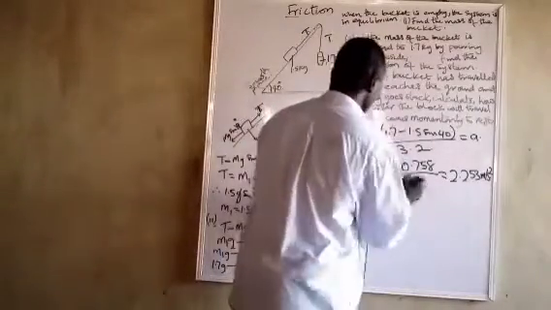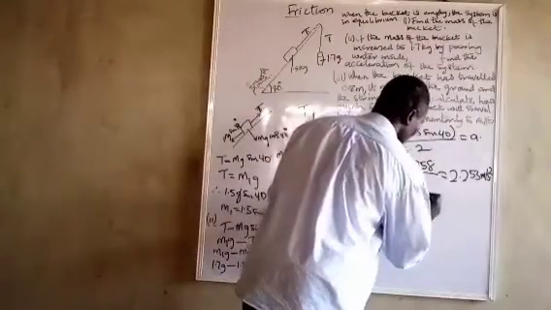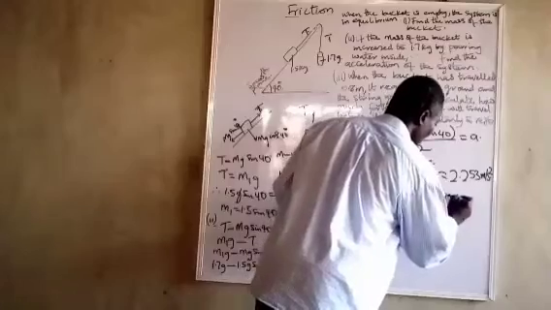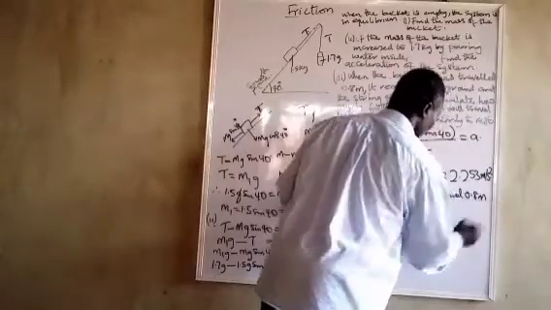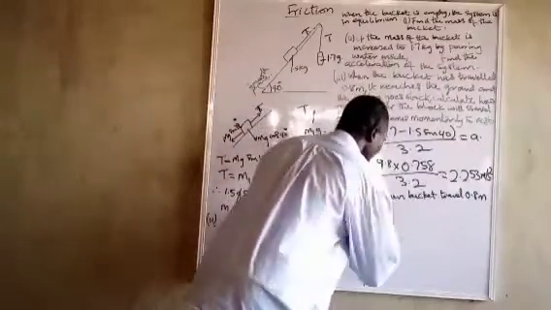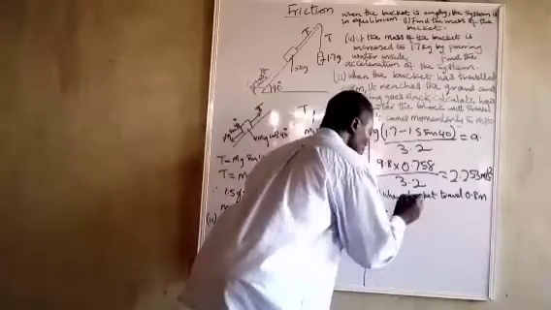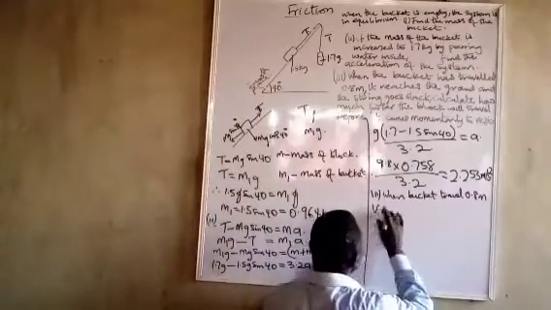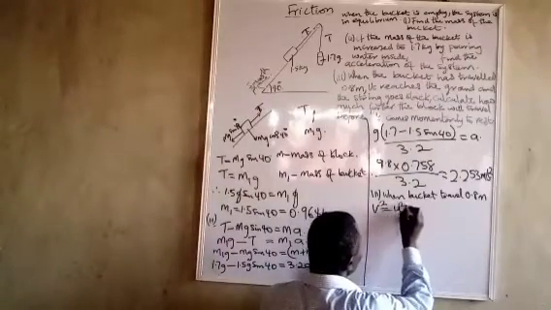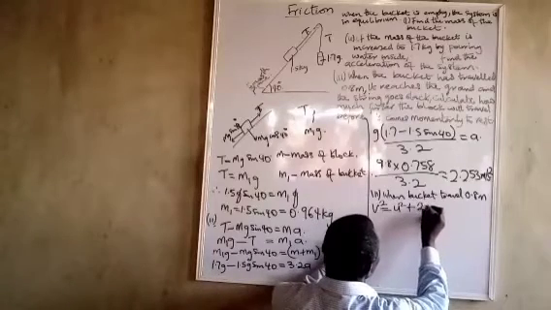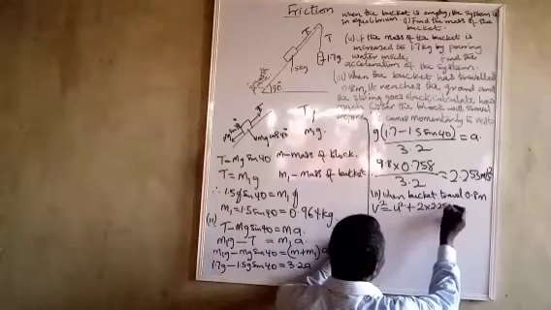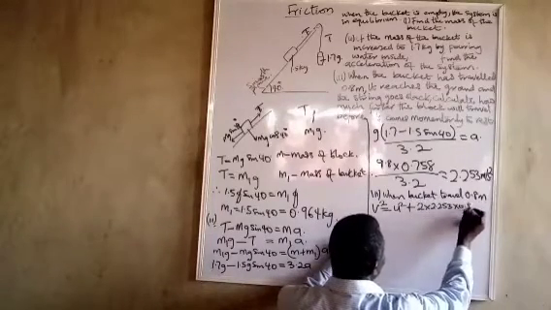When the bucket travels 0.8 meters, v squared will be equal to u squared plus 2 times 2.253 times 0.8.